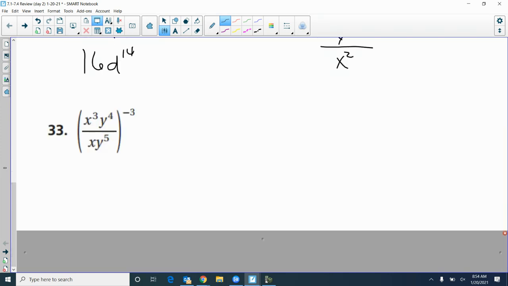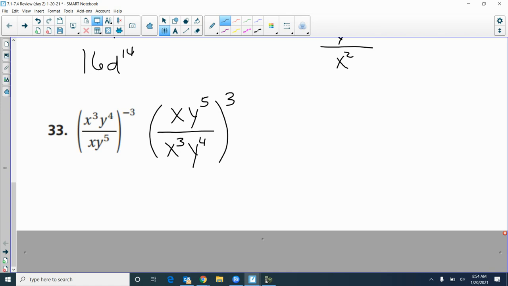Okay, 33, a little bit more complex. This is where I have this fraction raised to a negative exponent. I'm going to flip it immediately. Okay, I'm going to have x, y to the 5th over x cubed, y to the 4th. And this is all still now to the 3rd power, positive 3.